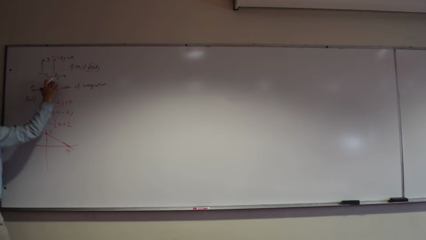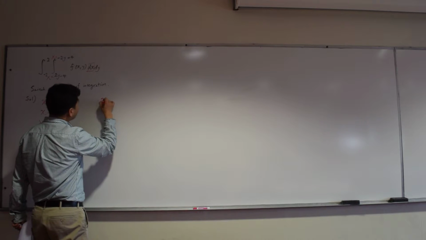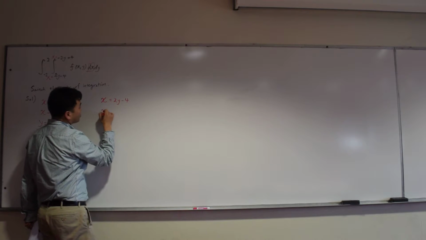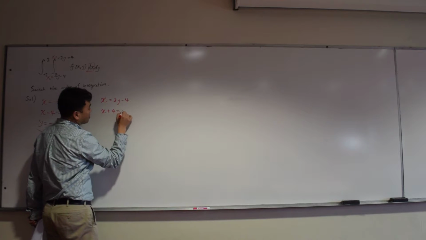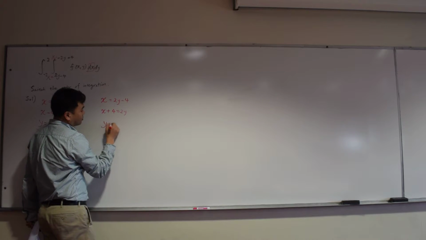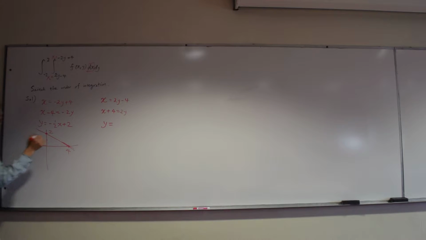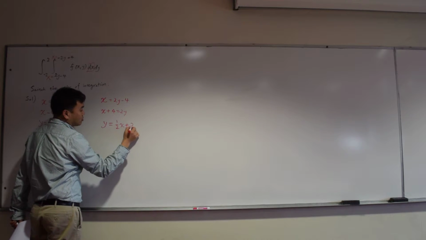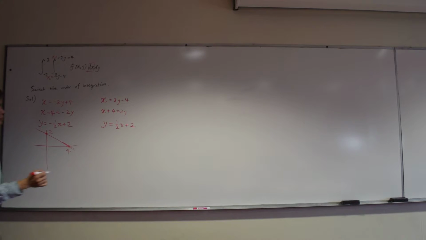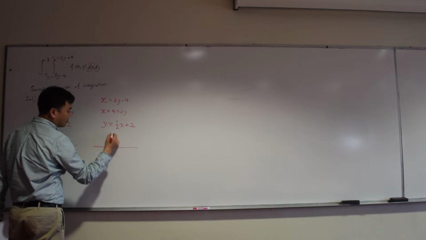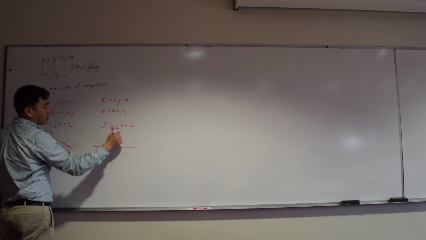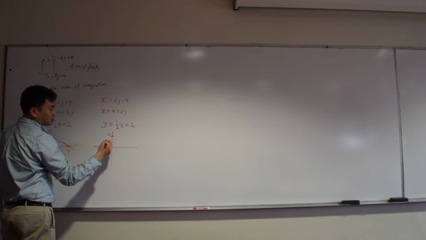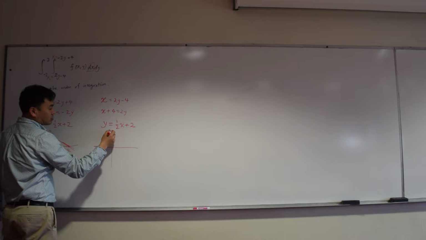Now let's try to draw this one. x equal to 2y minus 4. x plus 4 equals 2y. And if you divide by 2, you get 1/2 x plus 2. In this case, again, the y-intercept is 2. But this time the slope is rise 1 and run 2.